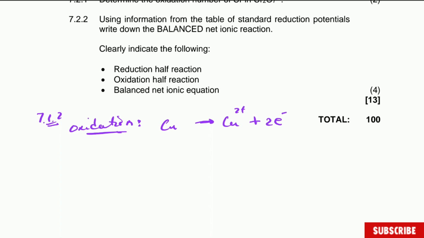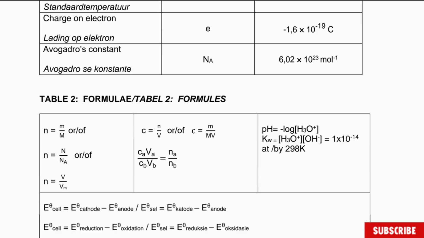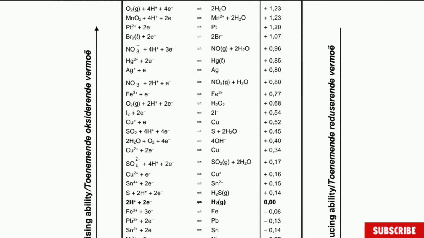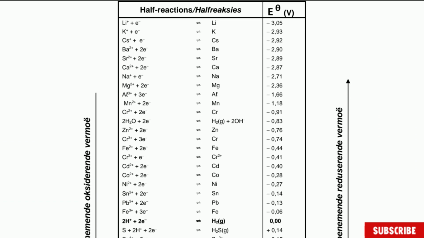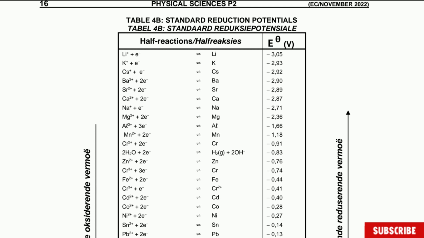Okay, now alternatively, you can come to the table of standard reduction potentials. In this case, I like the second table, but it doesn't really matter. You can use either one, it's the same one. So if you use this second table, you need to know that oxidation is always going to be written from right to left.